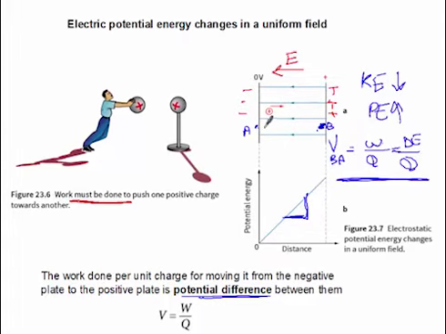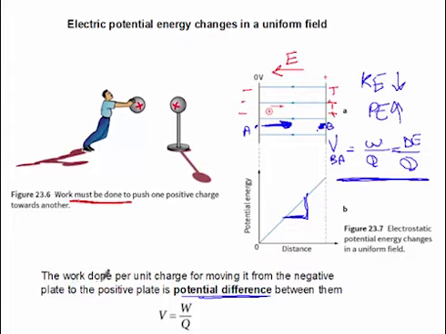So to bring the charge from here to here, we have to do work. The work per unit charge to take this charge from point A to point B will give us the potential difference between these 2 plates, or the potential between any 2 points if we are taking the charge between these 2 points.